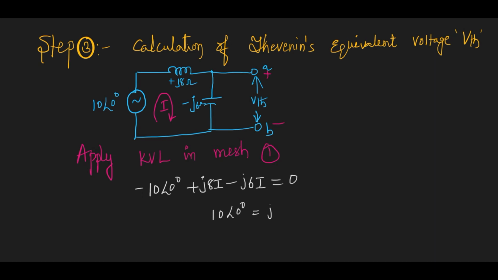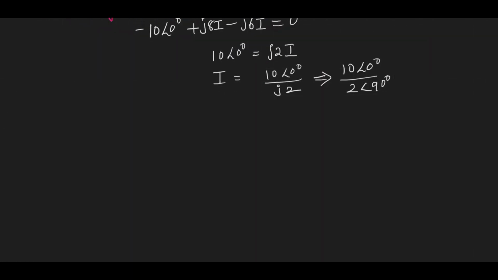Then 10 at an angle 0 is equal to j2 I. I is equal to 10 at an angle 0 by j2 ohm. Converting into polar form, j2 is 2 at an angle 90, so 10 at an angle 0 by 2 at an angle 90. Therefore, your I will be 5 at an angle minus 90.